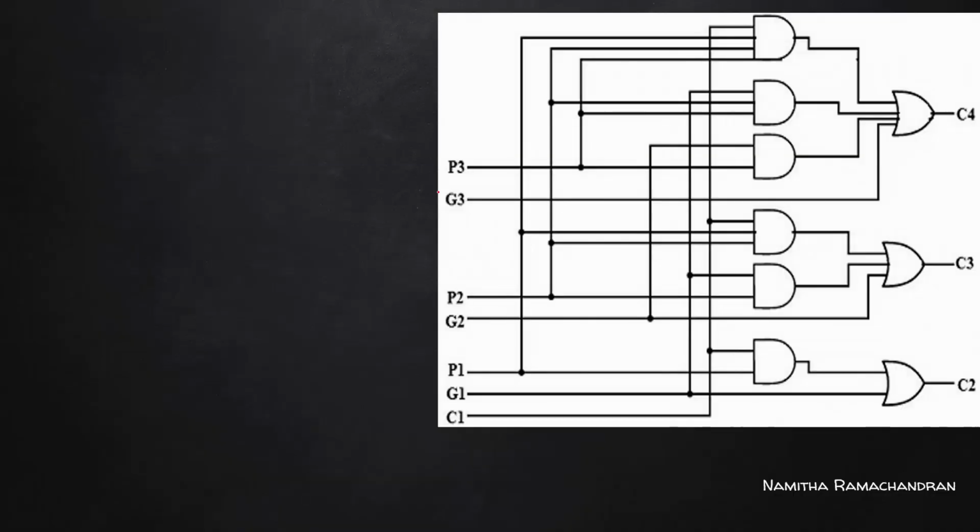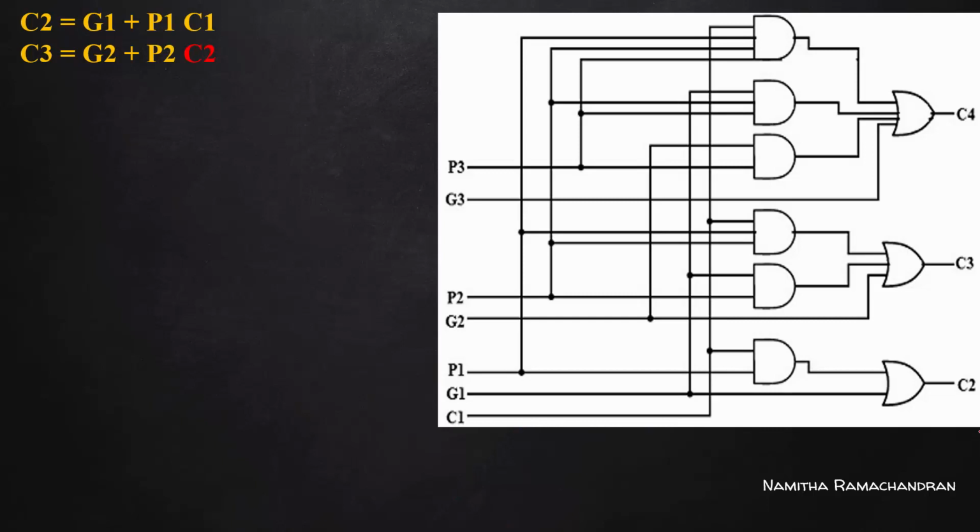Okay, so now we can draw that particular combinational circuit for getting that carry output of different levels based on our previous expression. So we know that C2 is represented as G1 plus P1 C1.